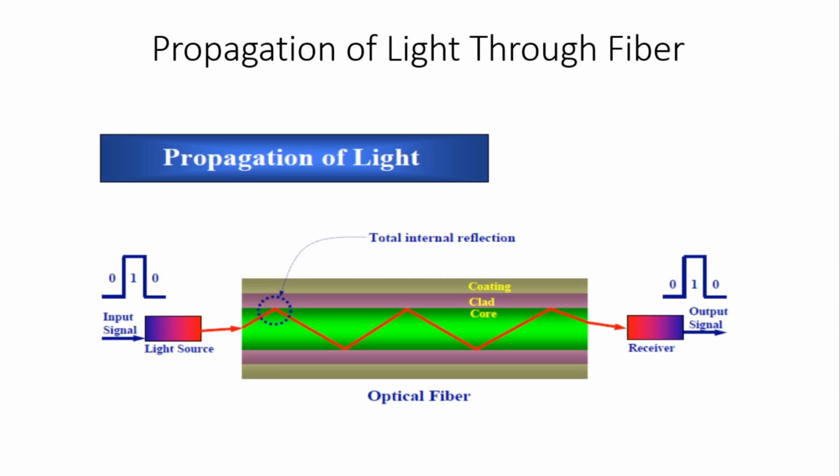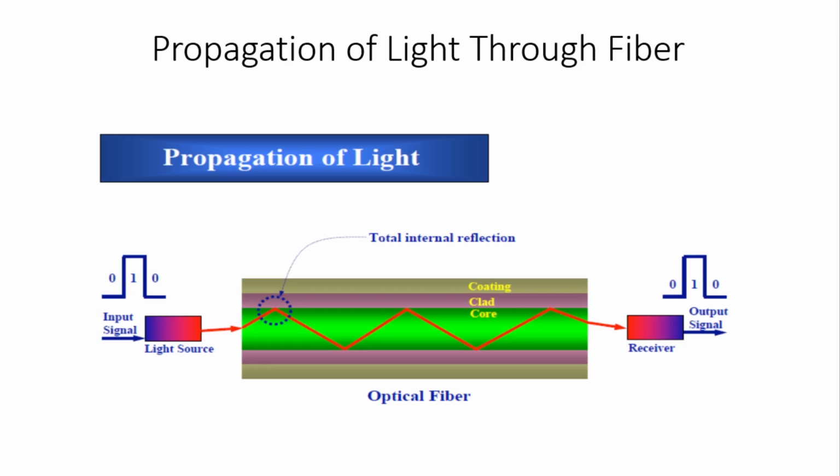Propagation of light through fiber. If you observe, on the input side, the input signal is given from a source of light. The green color region is called the core, above which there is a pink or violet type of region, called the clad, and over which there is a brownish gray region, called the coating.